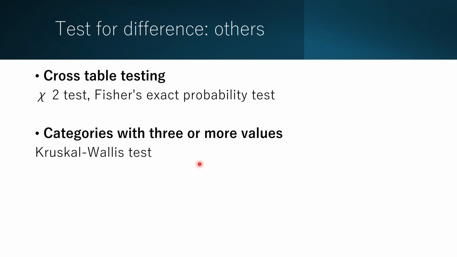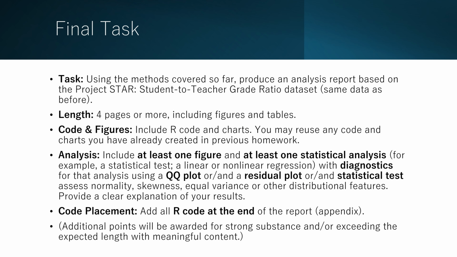For example, group A versus group B, pass or fail, such categorical datasets, then we can use these tests. And if the category has 3 or more values, then we can choose the Kruskal-Wallis test. The Kruskal-Wallis test is basically the Mann-Whitney U test, but for 3 or more groups. Okay.